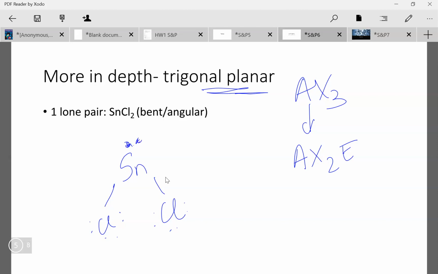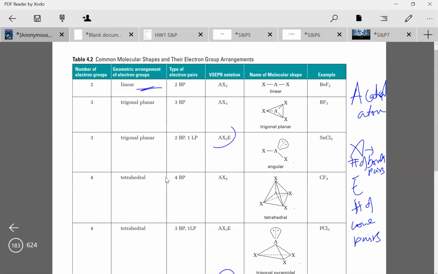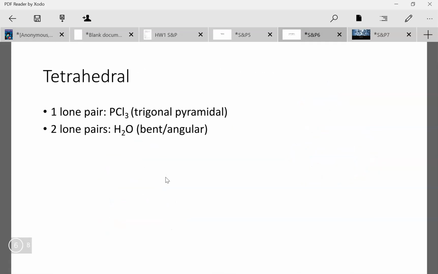Because the lone pair repulsion is greater, it pushes down on this more, so these two chlorines get closer together. But realistically, as soon as you draw the Lewis structure, you figure out AX2E, and you say, okay, I know this is going to be bent or angular by looking at my chart here. AX2E is angular. And that's basically all you have to do.